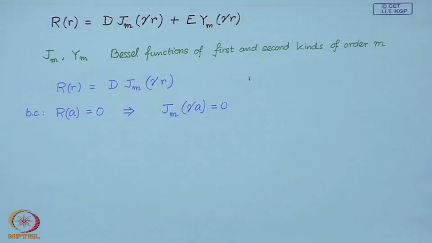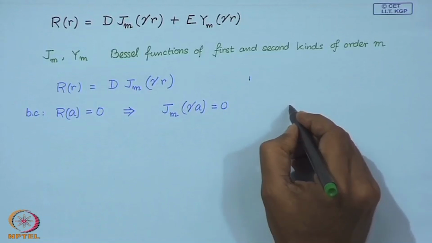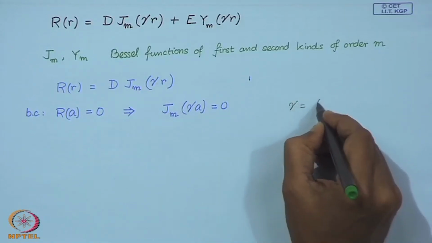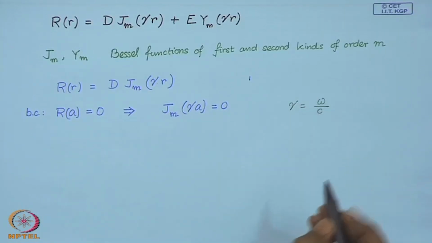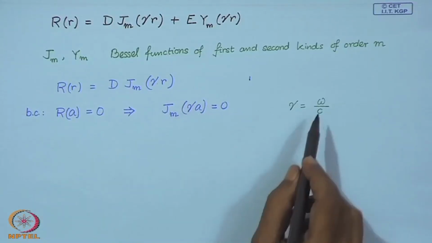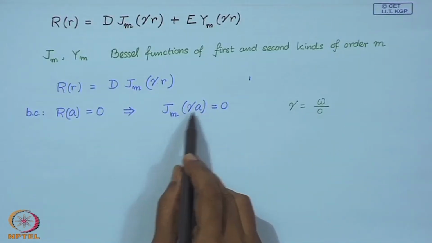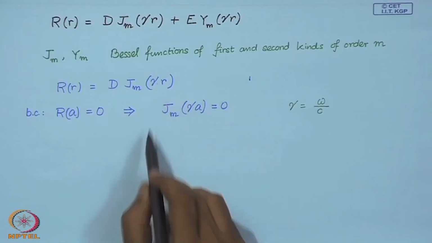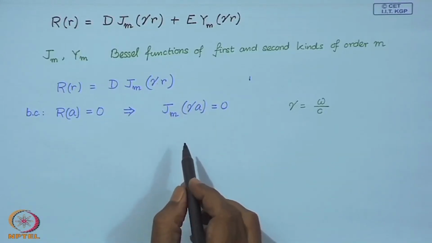Now, remember that gamma is omega over c. So, we must choose these gammas so that this condition is satisfied.